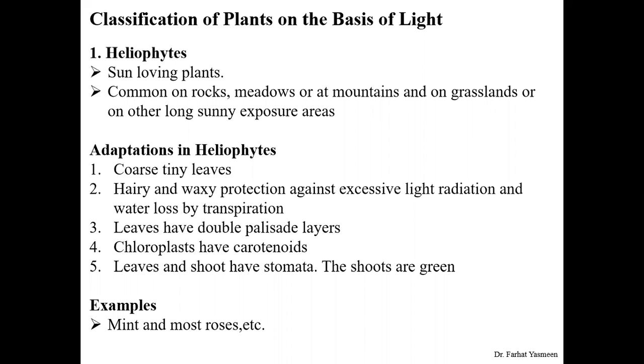Another adaptation is that their leaves have a double palisade layer, chloroplasts have carotenoids, and their leaves and shoots have stomata, and shoots are also green, which helps in photosynthesis. Examples of these heliophytes are mint and most roses.